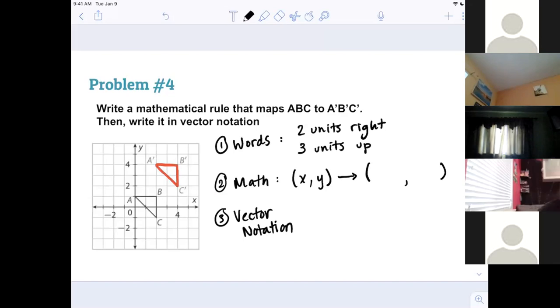So I'm setting up the math part right here, and I want you to fill in these blanks. What do I write that's going to tell me to go 2 units to the right and 3 units up?